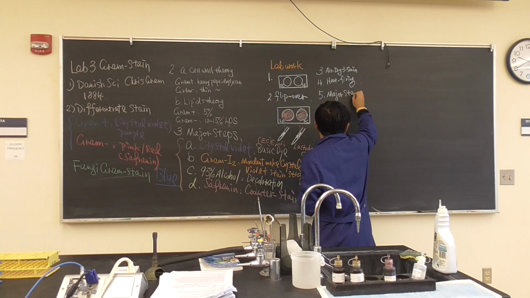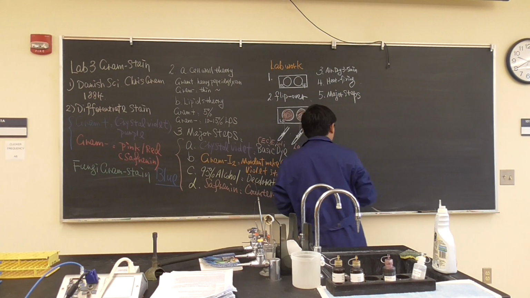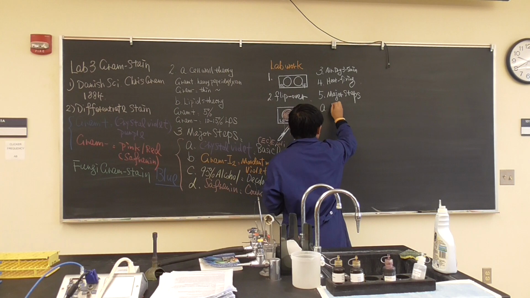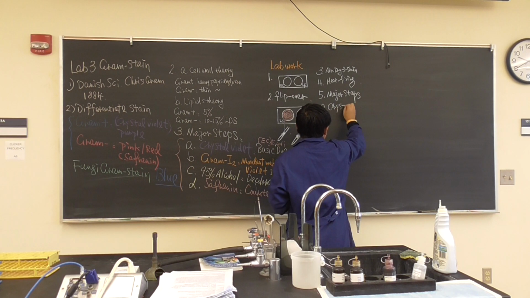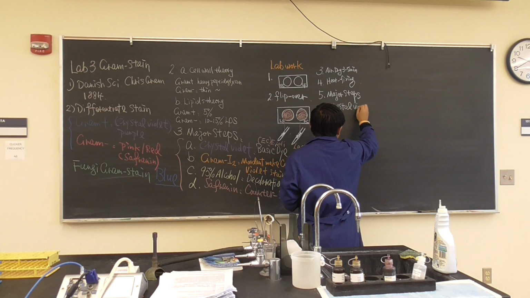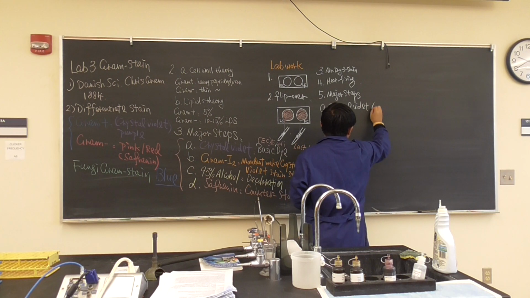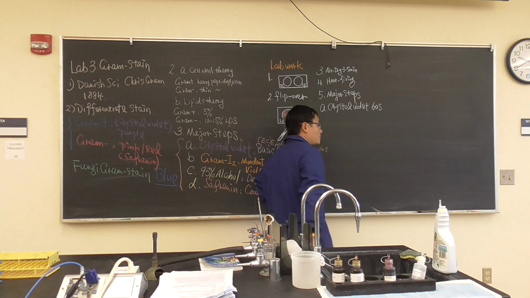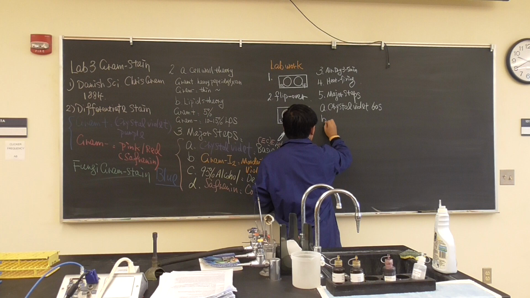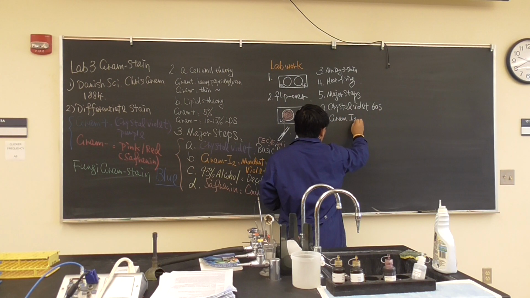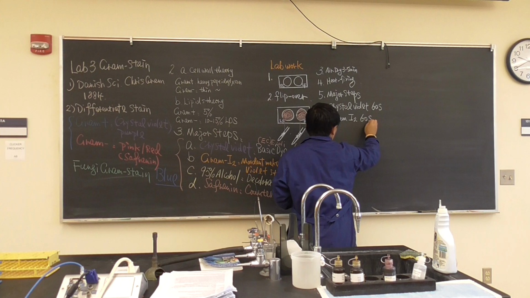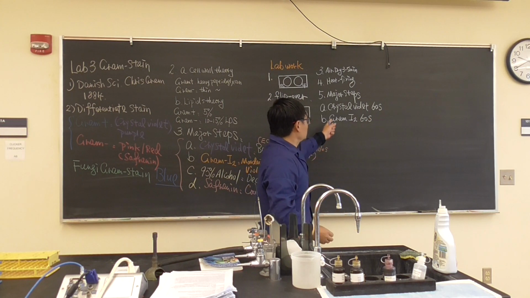And the major steps we already mentioned, we're going to review again here. So number 1, crystal violet. Crystal violet will stain 60 seconds. Number 2, we're going to add gram iodine, 60 seconds. And you have to do a gentle rinse between those, okay?